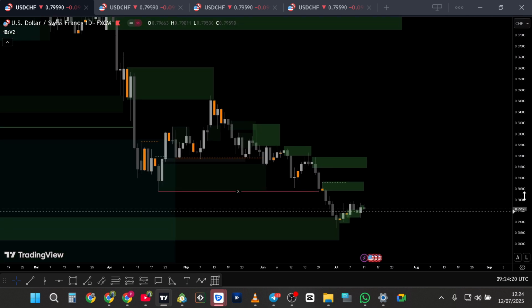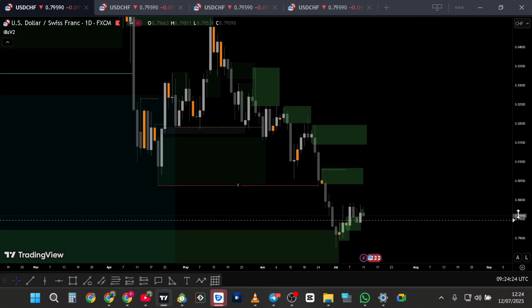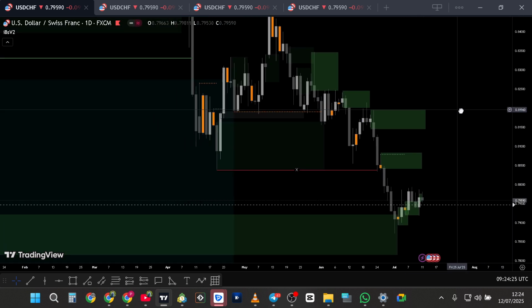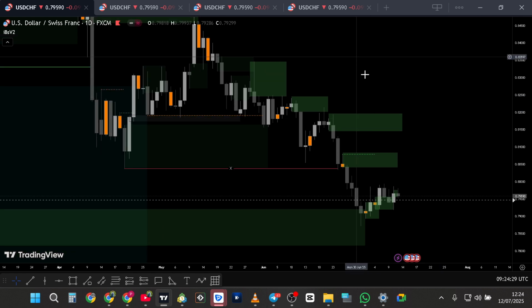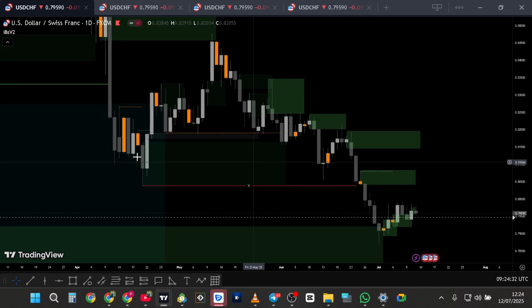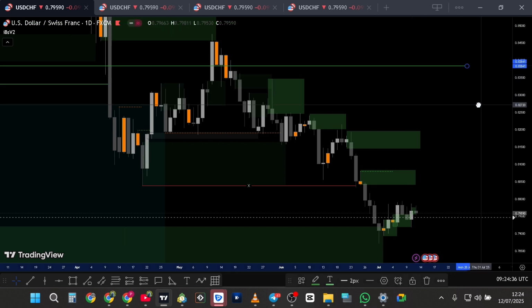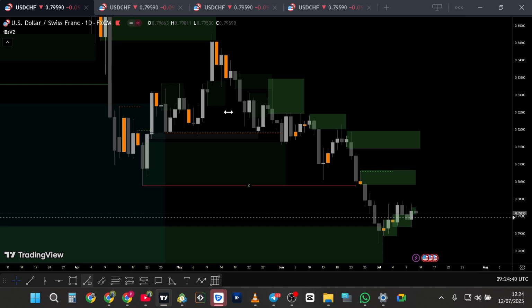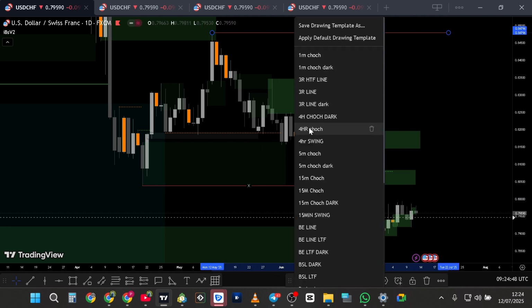Now, price came very swiftly to that demand down there, as you can see. So let me just zoom in and have a wide, clear view of my whole structure. Let me just remove that and start over again with this and change it to daily swing.